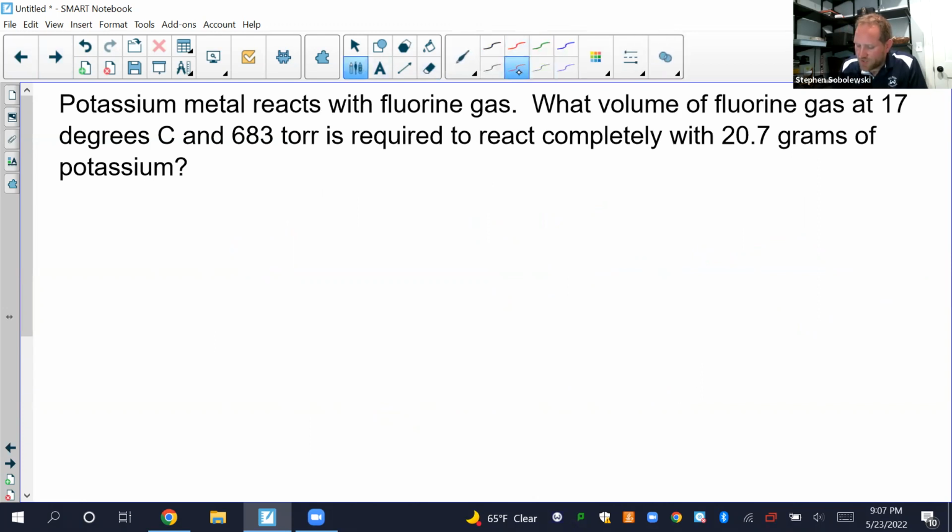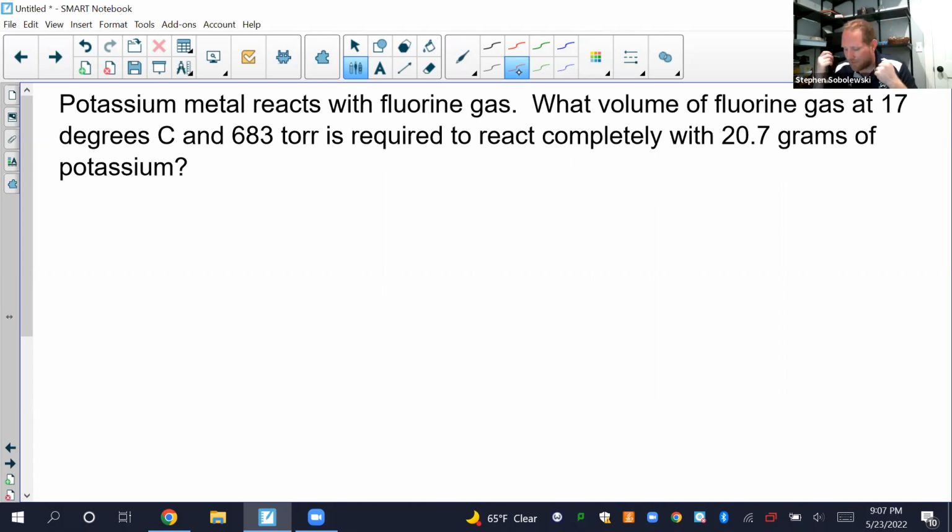Potassium metal reacts with fluorine gas. What volume of fluorine gas at 17 degrees Celsius and 683 torr is required to react completely with 20.7 grams of potassium? In a gas stoichiometry problem, you're often going to be using a gas law, and it's usually PV equals nRT, and you're going to be doing stoichiometry, sometimes in that order, sometimes in reverse order.